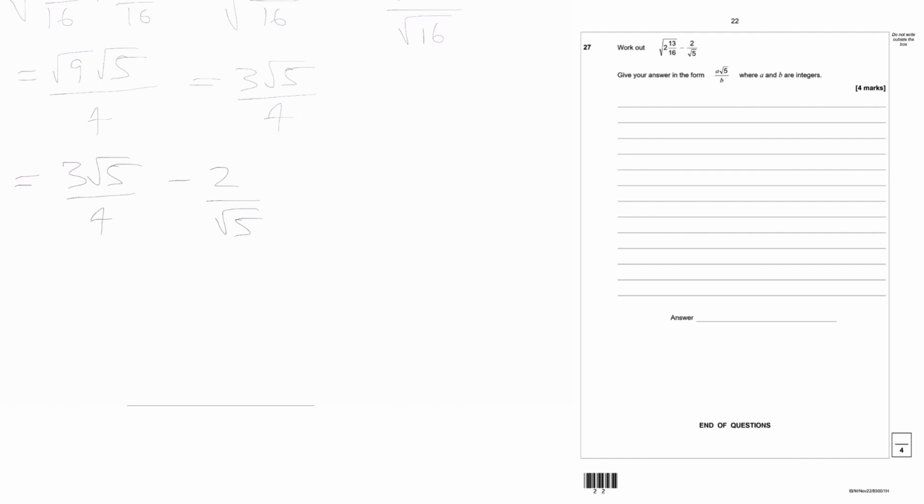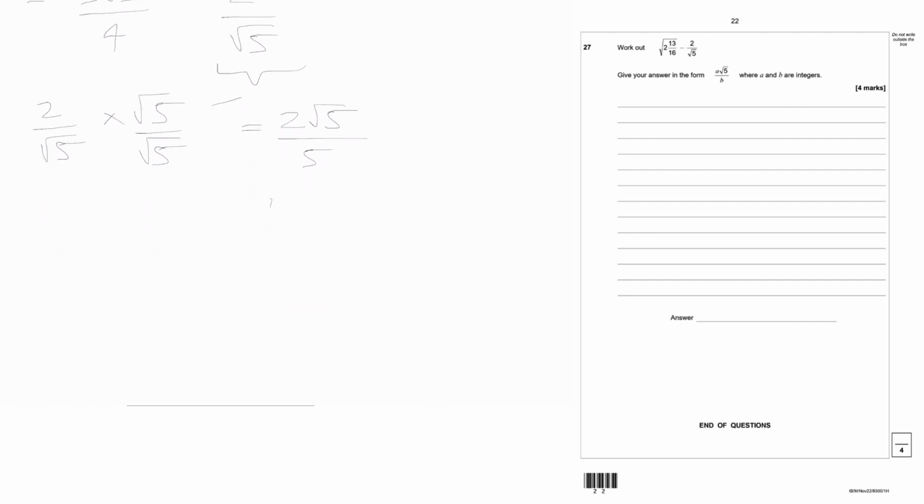So I'm going to multiply this 2 over root 5 by root 5 over root 5. So root 5 over root 5 is just 1, so this doesn't change the actual value. And when I do this, I get 2 root 5, and then root 5 times root 5 is just 5. So I get 2 root 5 over 5.